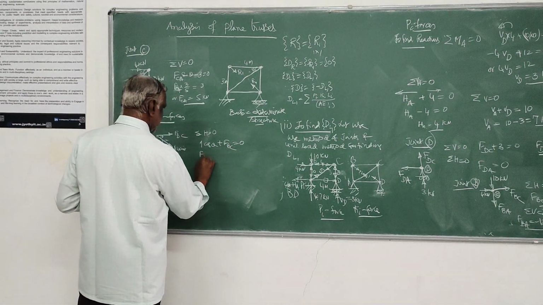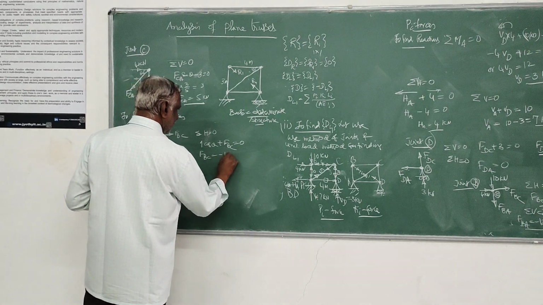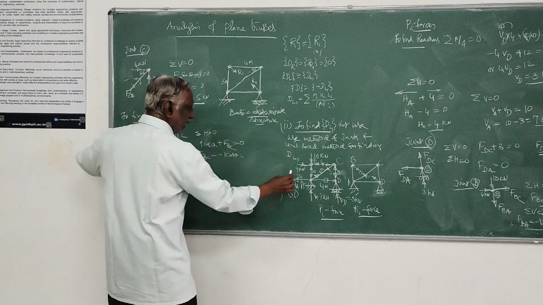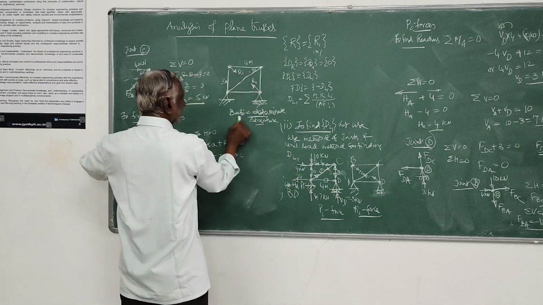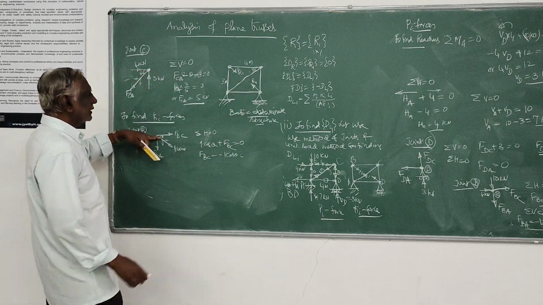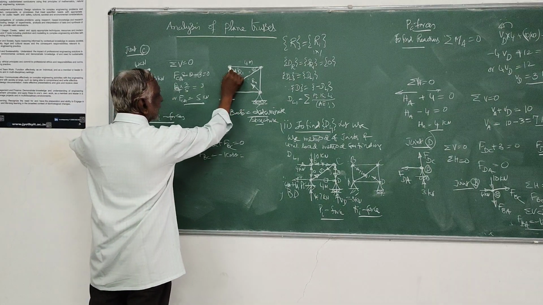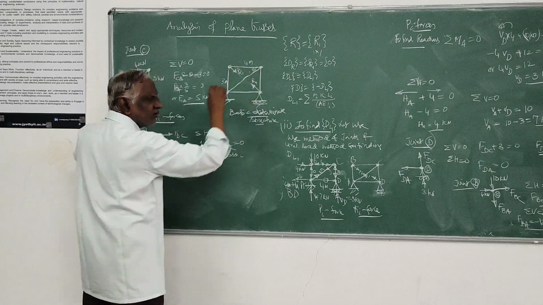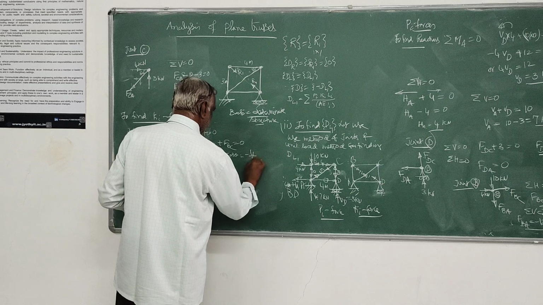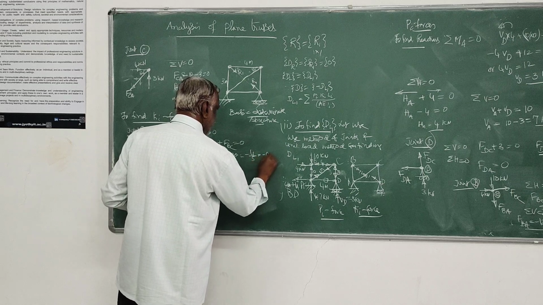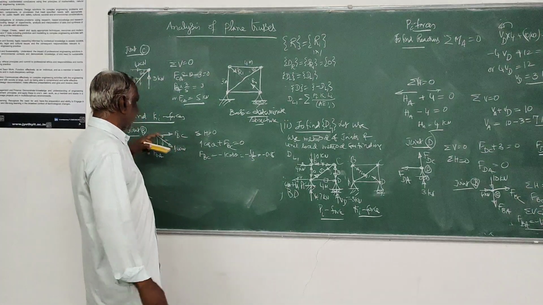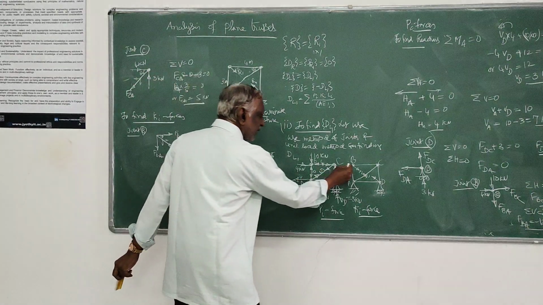Therefore, FBC is equal to minus 1 cos theta. Again, cos theta, this is theta in the problem. So this is theta I have taken. So cos theta is this 4 by 5. It is minus 0.8. Minus means whatever direction I have chosen here, that will be reversed.